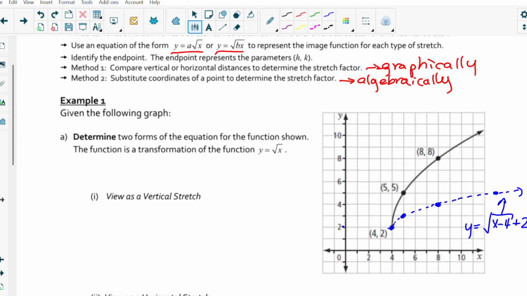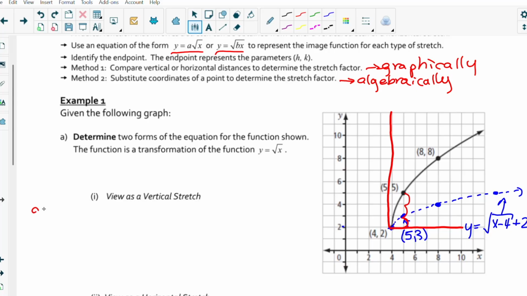Okay, so view it as a vertical stretch. What is this point? This is 5, 3. If we think about it in relative terms, starting here, I'm going up 1 unit versus 3 units for the y value.